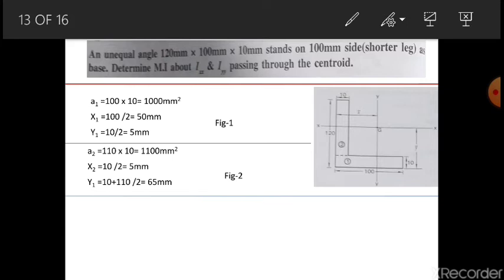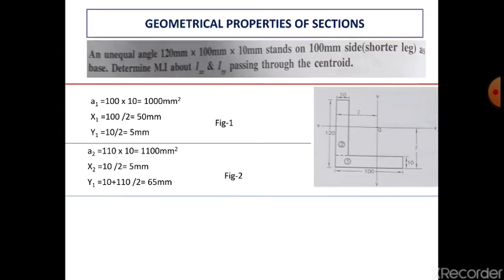So calculate now what? x bar and y bar. The formula for x bar is x bar equal to A1 x1 plus A2 x2 upon A1 plus A2. Once you substitute the values and calculate with the help of the formula, you will get the value as 26.4 mm.